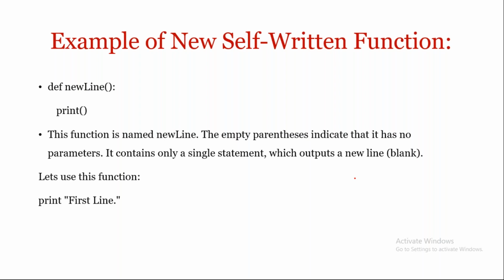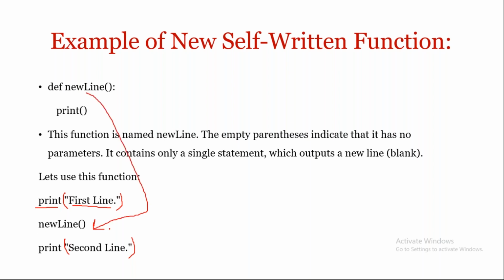Suppose I have written print first line, then new line, and then print second line. After this class, my suggestion is that you go back to your Jupyter notebook and write whatever is written here: print first line, then use your function that you have defined, and then print second line.